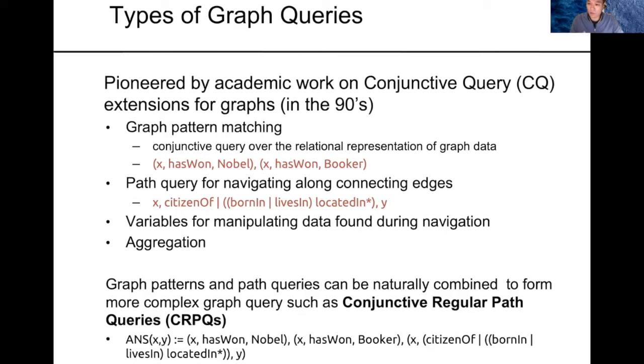In this example, actually, it is a regular path query, asking for a person who is a citizen of, or born in, or lives in place Y, and located in place Y for several time periods. The third is the variable for manipulating data found during the navigation. And the last one is aggregation. In this tutorial, we only focus on the former two types of graph queries.